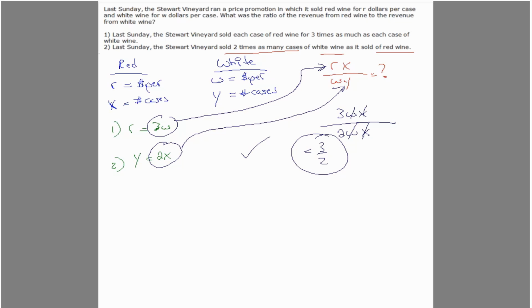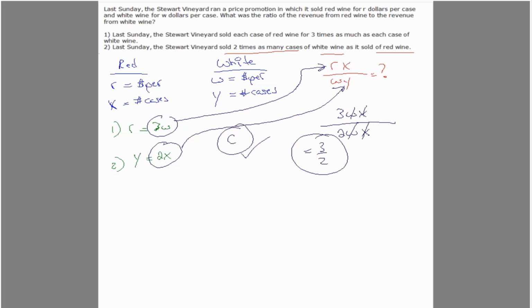The other thing I wanted to wrap up with is that this problem could be a percentage question. They could have easily said the red revenue is what percent of the white wine revenue. That's C. They could have said the red revenue is what percent greater than the white revenue.